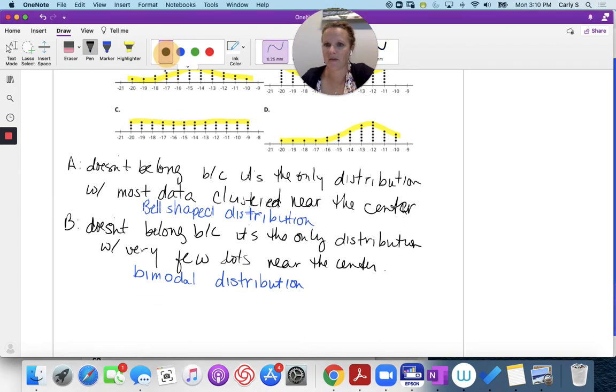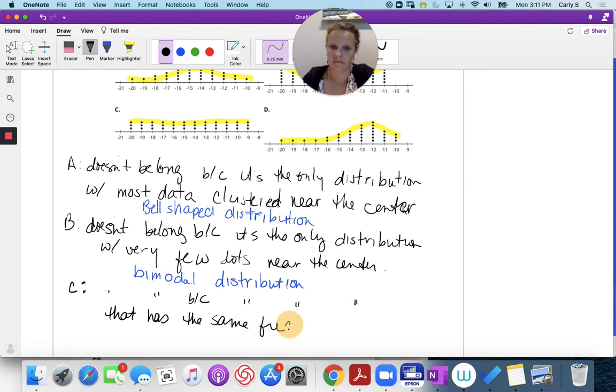And if I go back to C, which one doesn't belong and why do you think it would be C? Okay, it doesn't belong because it's the only distribution that has the same frequency for each value.